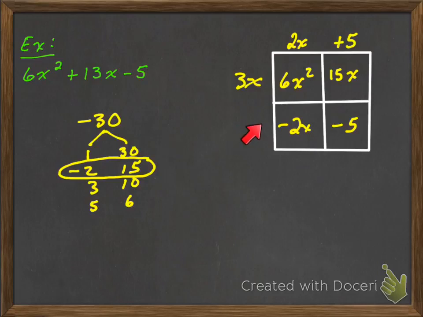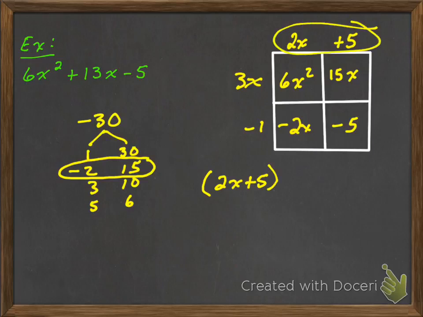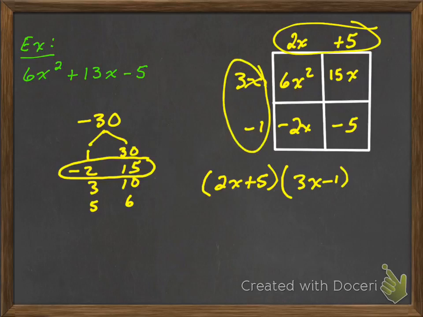And then what value multiplied by 2x will give us negative 2x? And that would be a negative 1. Therefore, your factoring is 2x plus 5 from up here, multiplied by 3x minus 1, which is this part right here.